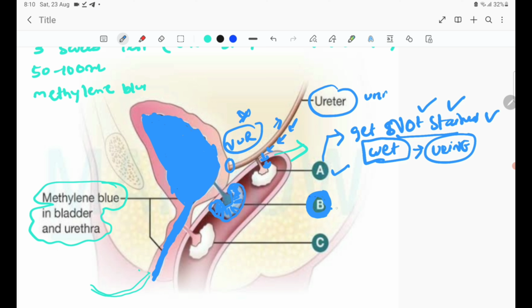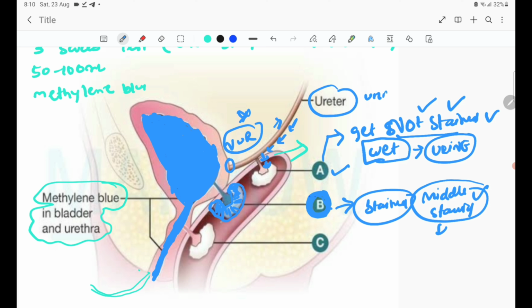The next is point B, the middle part of the swab. If the middle swab gets stained, it is a bladder fistula, a vesicovaginal fistula. If it communicates directly with the bladder, the middle part stains first, it is the most stained part, and then it gradually stains the lower part also.